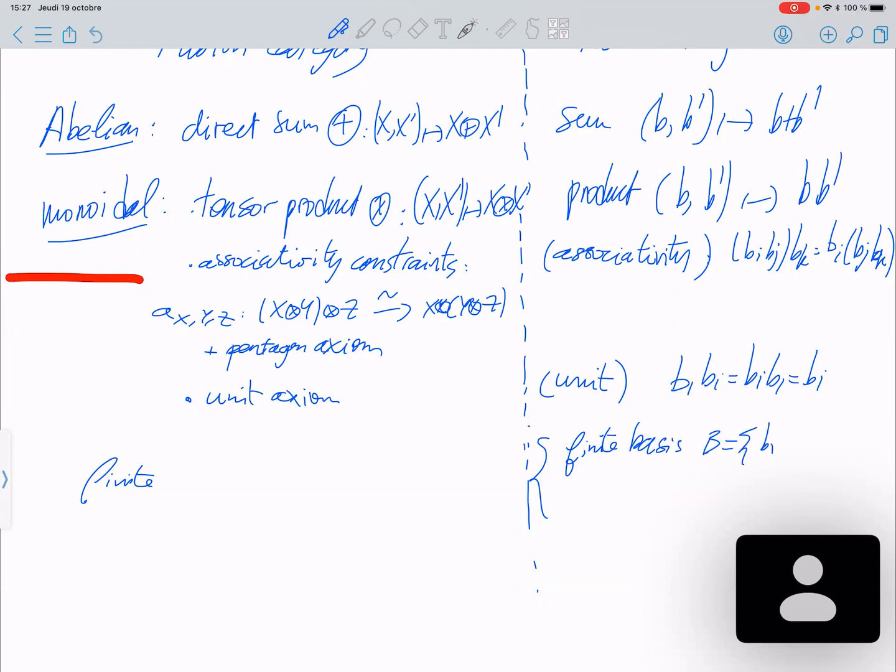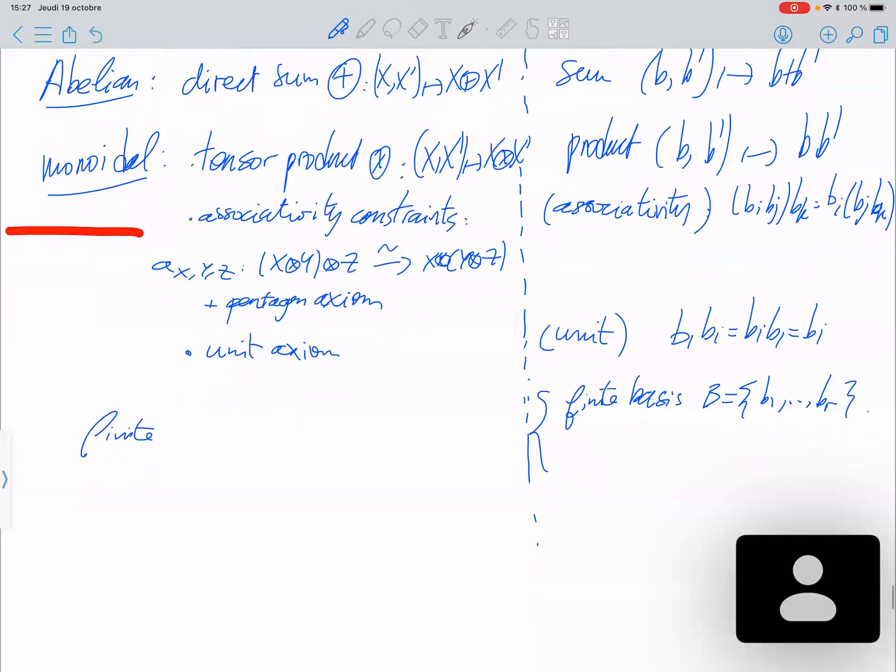So in the category framework, it means that you have finitely many simple objects up to isomorphism, and finiteness also in the categorical framework corresponds to the finite dimensionality of the Hom space, which here you can see as the fact that the fusion coefficients are integral like that.